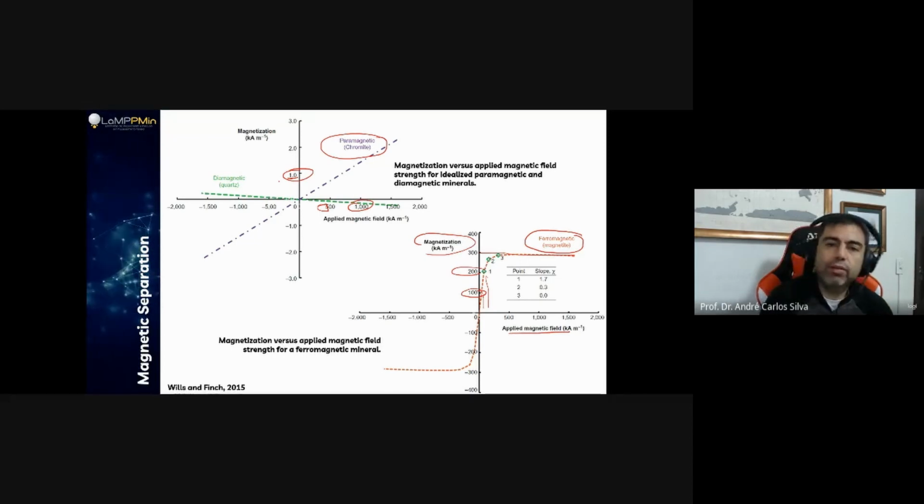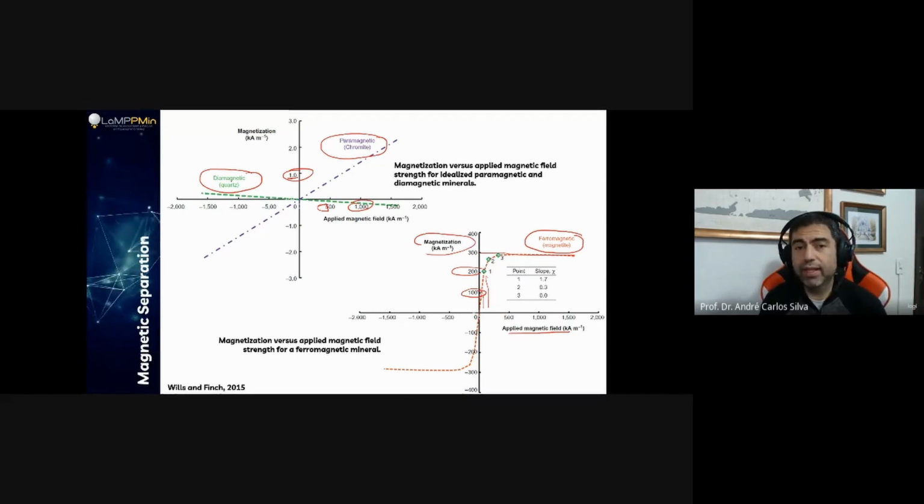And when you take a look at a diamagnetic material, just like quartz, normally people will look at you and say, oh, quartz doesn't interact with a magnetic field. But that's wrong. When you see that magnetite and chromite are attracted to the magnetic field, quartz is going to be repelled by the magnetic field. But the force is so small that sometimes you can just neglect it.